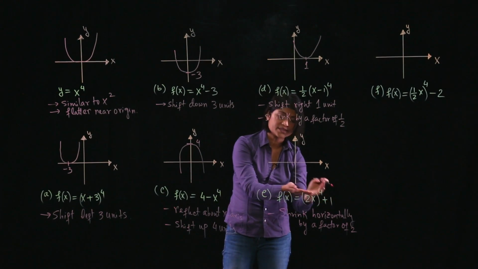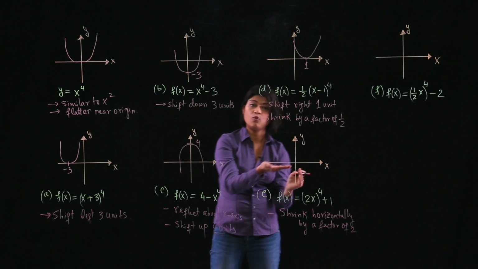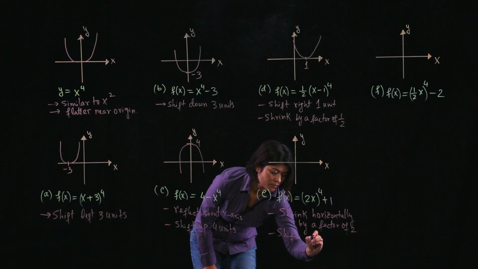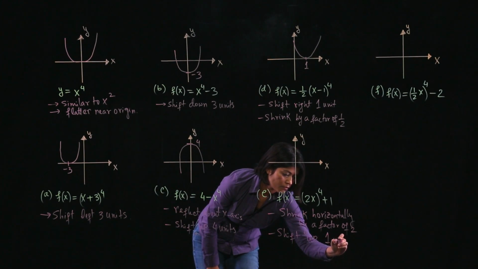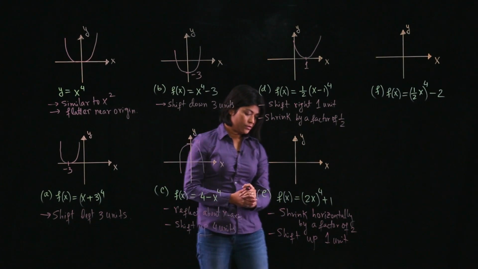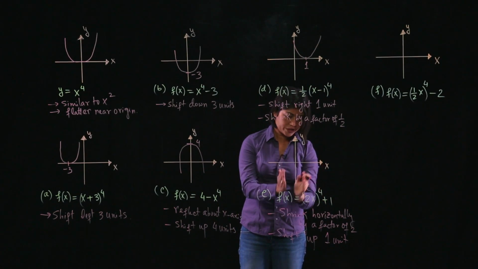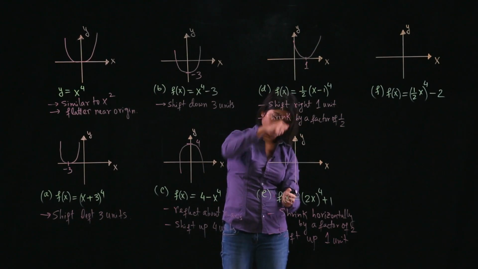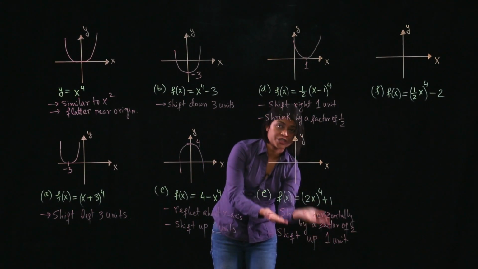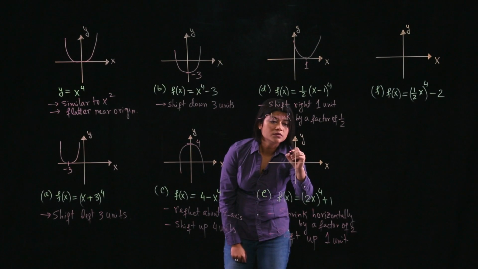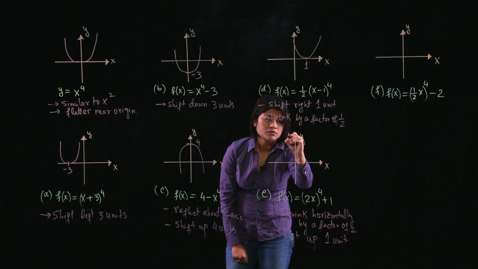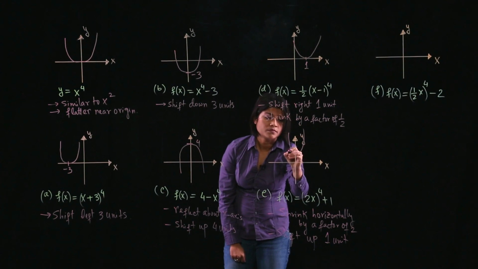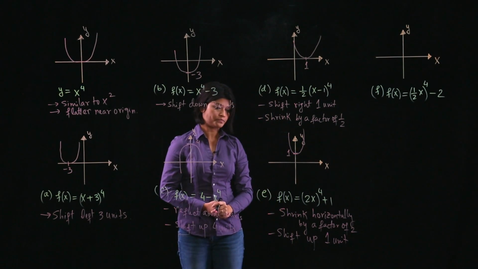And then plus 1 means you will shift up 1 unit. Okay, so first you shrink horizontally. That means you will actually stretch vertically. And you have to shift up 1 unit. So it'll look roughly like this.